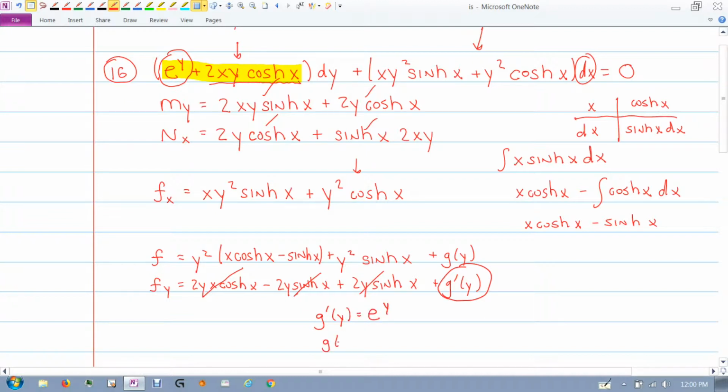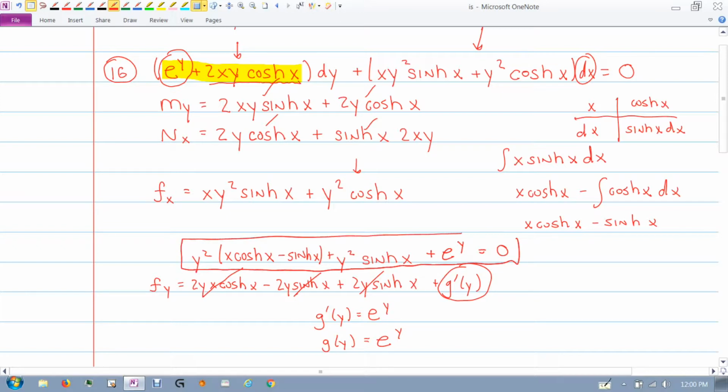And that means g of y has to be e to the y plus some constant that we're not going to care about. Which means that the original function f needs to be, I'm going to erase the f here, and replace the g of y with e to the y. And this equals 0. So that's the relationship between x and y that we need in order for this to work.